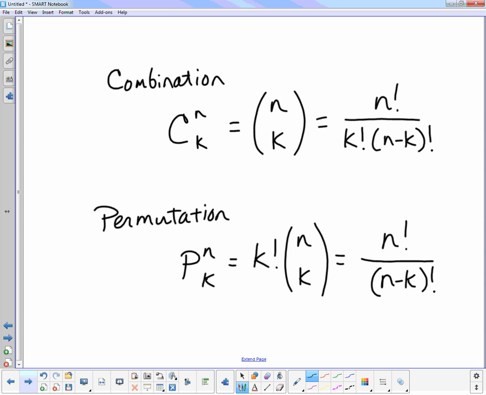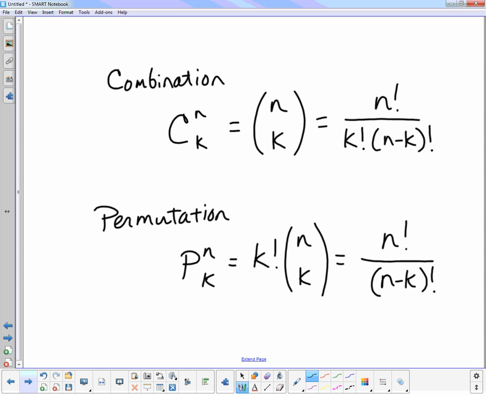Because in a combination, ABC is kind of like the all-encompassing answer for ABC, ACB, BAC, CBA, CAB, and all of those others, right? Permutations, there are more permutations of things, because I can swap them around, right? Well, if I can swap them around, I'm going to have more answers. Does that make sense?